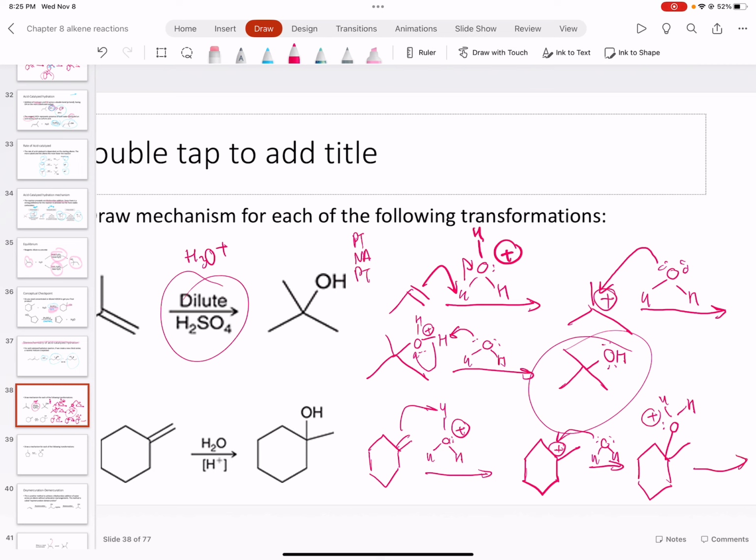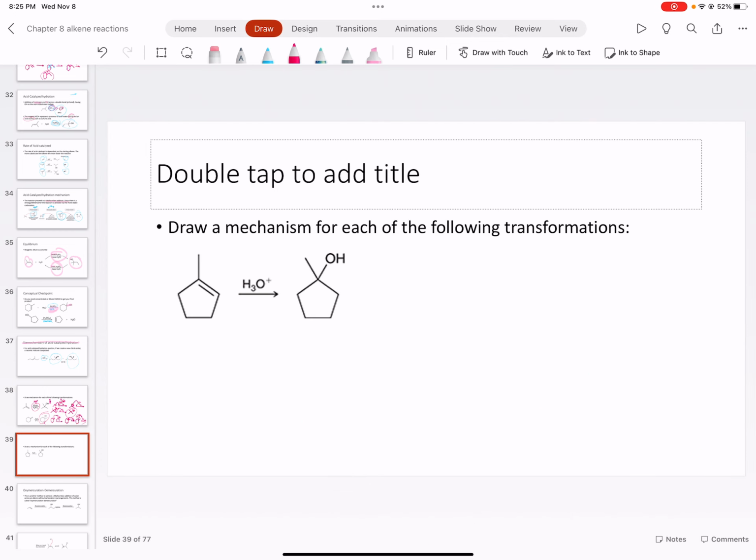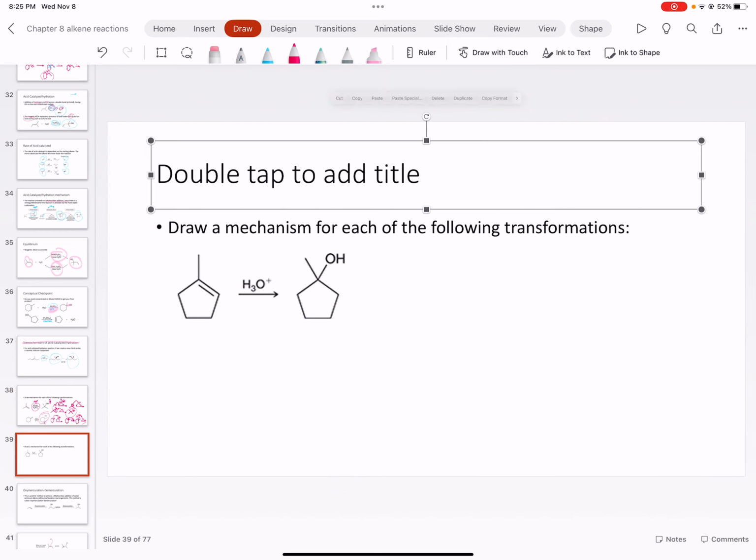I could remove that hydrogen, and I will give rise to this product. Okay, perfect. So then you can draw the mechanism for this one.